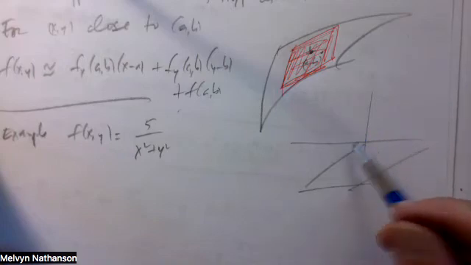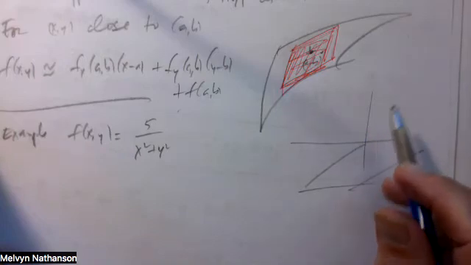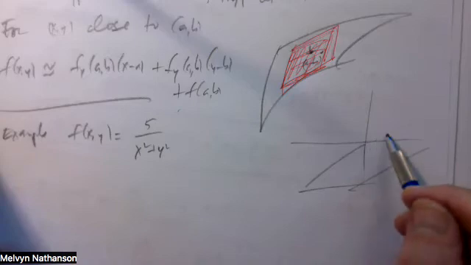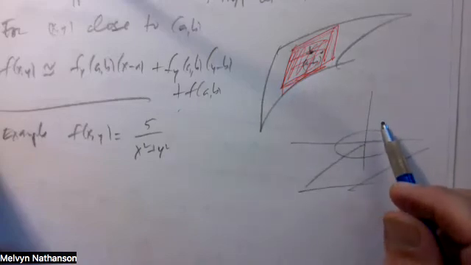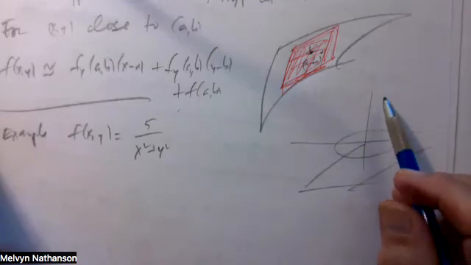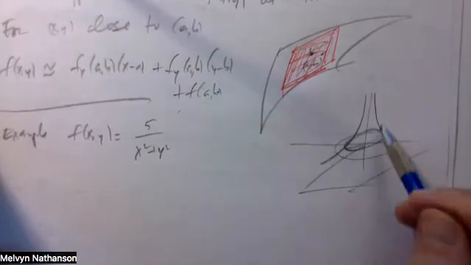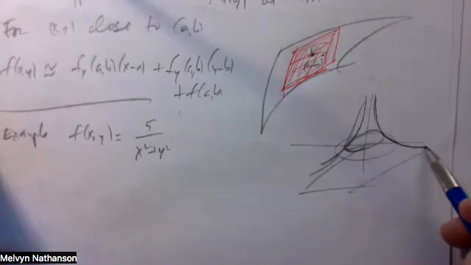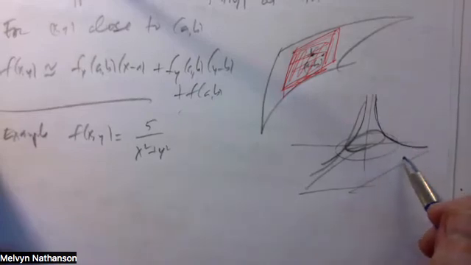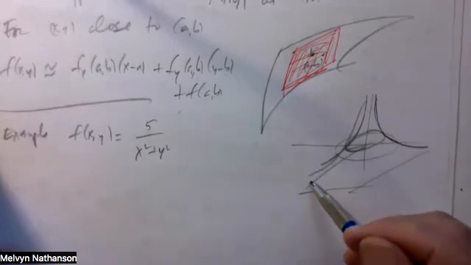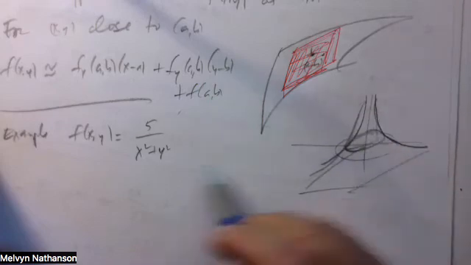At the origin, it's infinite, right? But for example, on a circle of radius r, this looks like 5 over r squared. This is some kind of surface that looks like this. The bigger x squared plus y squared is, the smaller this function becomes.